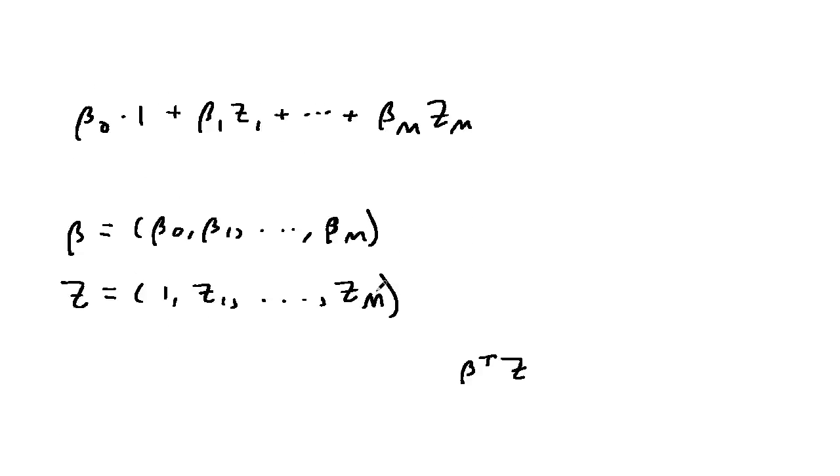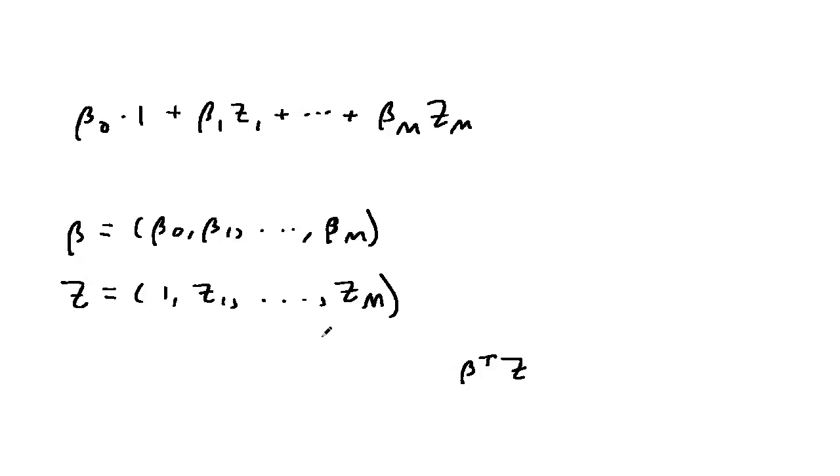Now, suppose we take a linear combination of the hidden units, beta 0 times 1 plus beta 1 z1 plus dot dot dot plus beta m zm, letting beta be this and z be the vector consisting of 1, z1 through zm.